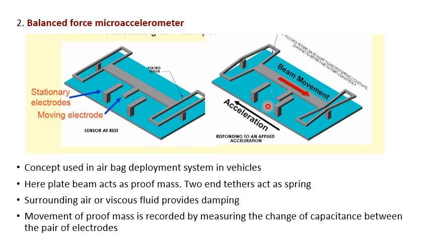When an acceleration is applied, the proof mass will get displaced in the direction opposite to the acceleration. That movement of the proof mass can be recorded by measuring the change in capacitance between the pair of electrodes. That is how you can measure the acceleration of the vibrating body to which you are attaching this microaccelerometer.